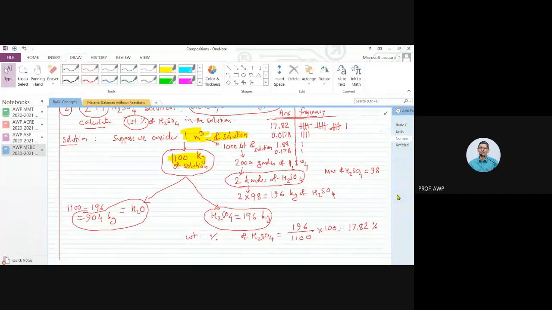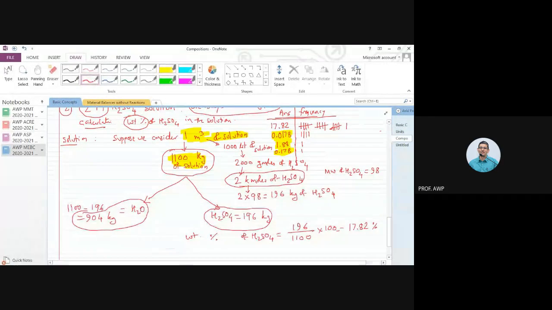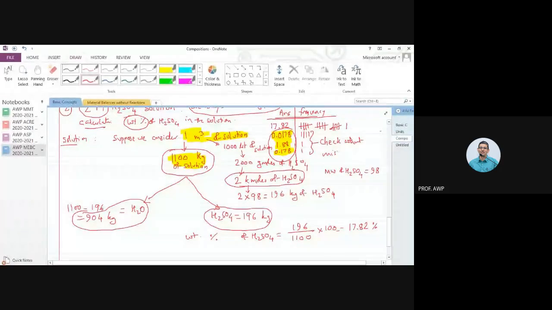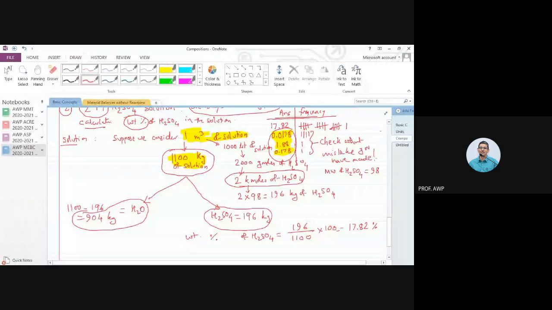Okay. So all those who got the answers 0.0178, 1.88, 0.178, check what is the mistake that you have made. You check for yourself and then don't need to tell us.